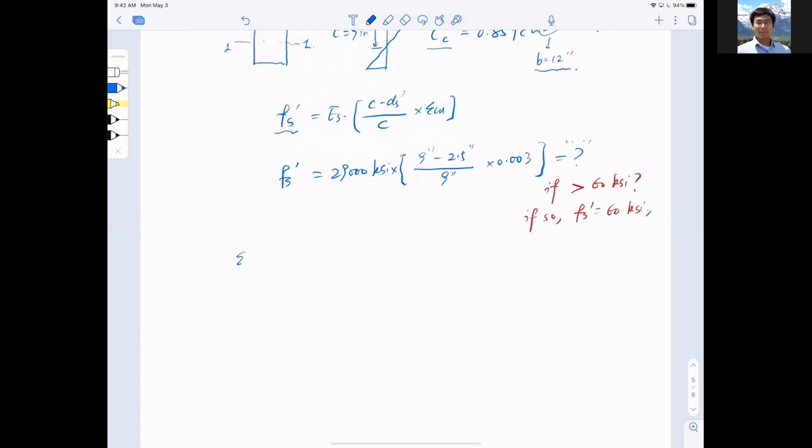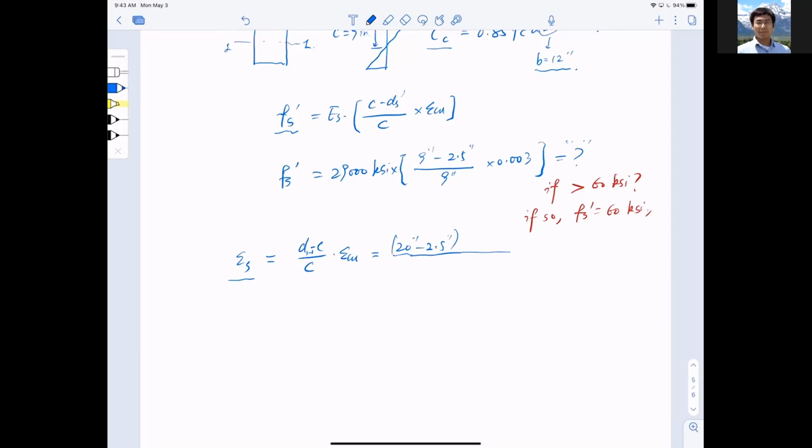Now, epsilon S, which is the strain in the tension reinforcement, should equal to D minus C divided by C multiplied by epsilon Cu. And what is D now? 20 inch, which is H minus 2.5 inch, right? That is the depth, and if you really want to be clear, that is the depth in the 1, axis.